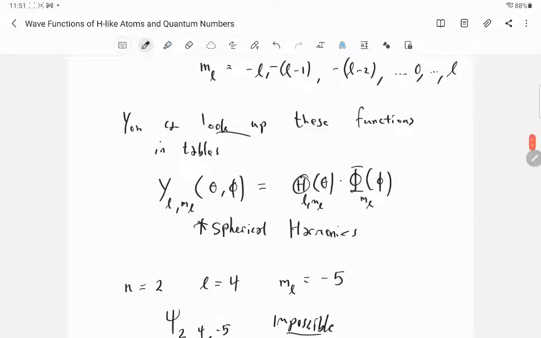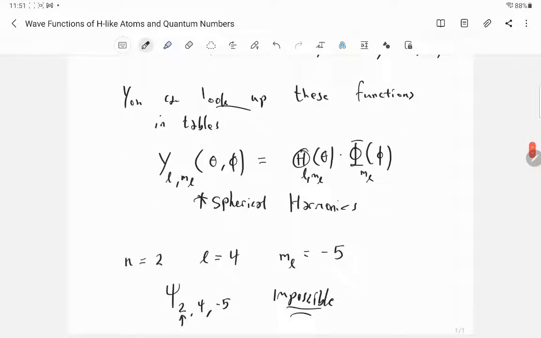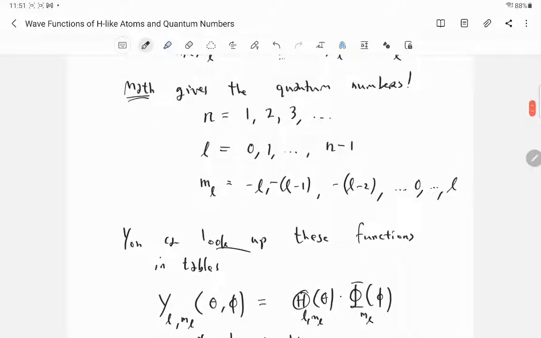The reason is that these quantum numbers don't fit our restrictions. If the principal quantum number is 2, then the only available values for the angular momentum quantum number L are from 0 up to 2 minus 1, so L can only be 0 or 1.